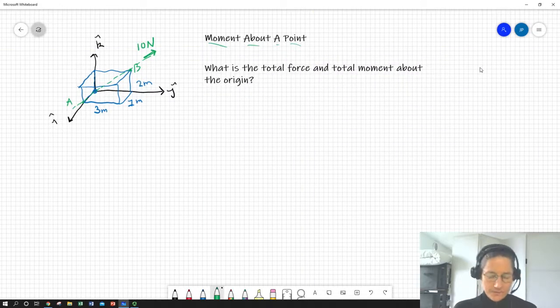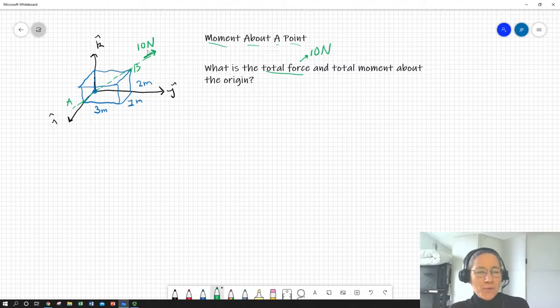Okay, well, let's say we're in statics, so our little box here is rigid. So the total force is really easy. Total force, 10 newtons, because wherever we apply that force, we're applying it through the rigid body.